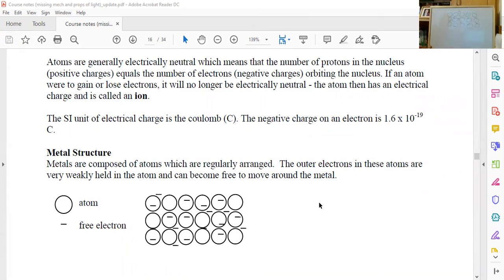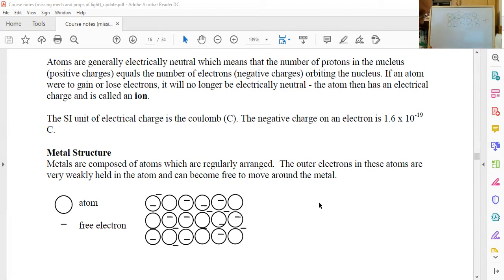Things become interesting when we apply an electrical force or an electrical pressure that causes all the electrons to move in the same direction. You can think of this quite simply as if we put a large plus over here and a big minus here. From what you understand of charges, you should see that all the electrons will tend to move towards the positive. When you have electrons all moving in the same direction, you have current. You have effectively electricity.